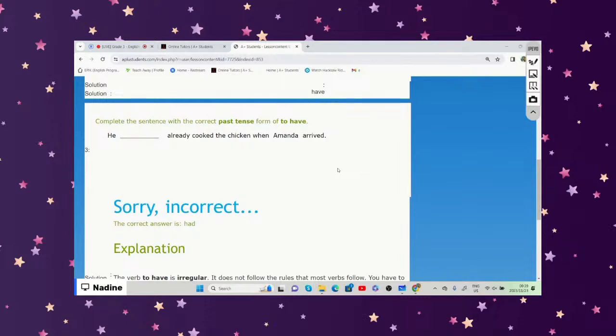So if we choose the correct verb form of to have, we can say he had, because it shows the past tense.